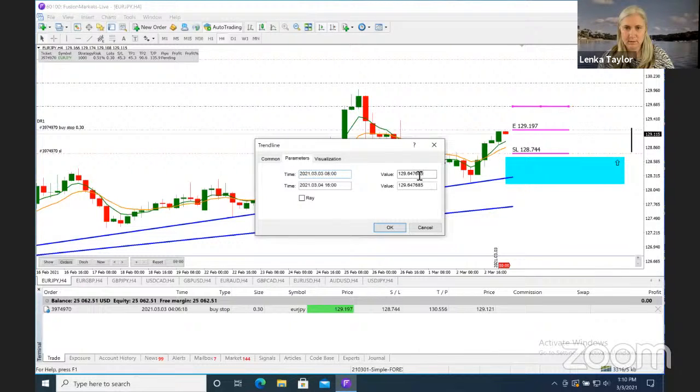Final target is at 130556. So that's TP, target profit.